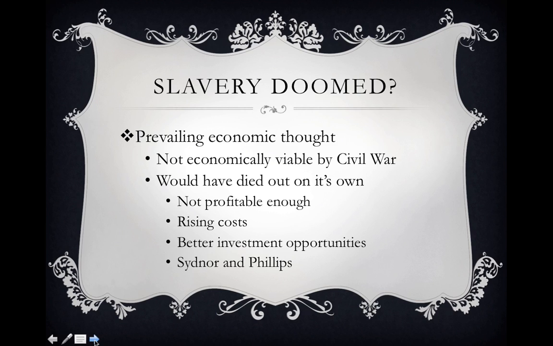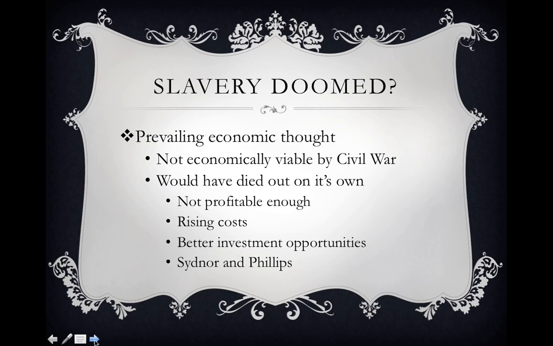So make sure you understand that prevailing thought, that in essence the plantation system was not profitable, that individuals who were involved in the plantation system in the South were losing money because they were using slave labor. Now, realize that this was the prevailing thought for many years, leading up until about the 1950s.